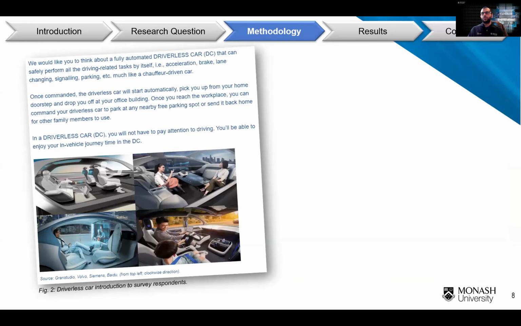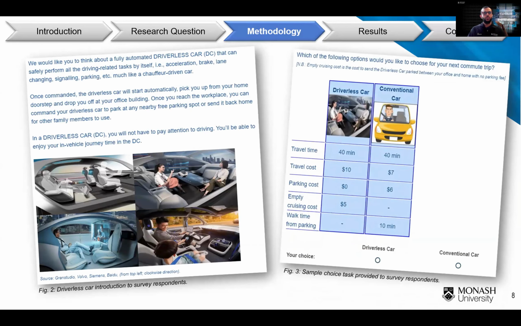Before going to the choice tasks, we presented our respondents with a general understanding of what a futuristic AV trip would look like, with some text and some pictures. A sample of a choice task that we provided to our respondents is shown here.